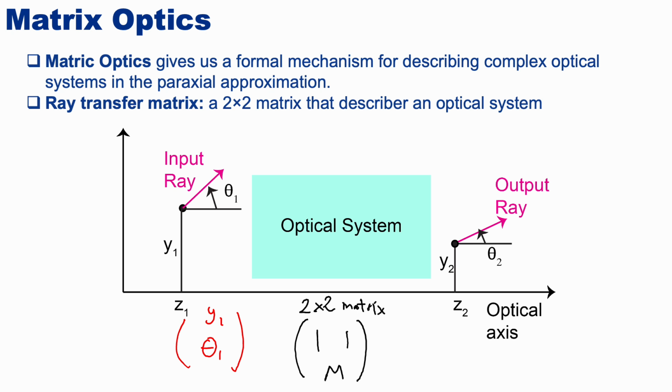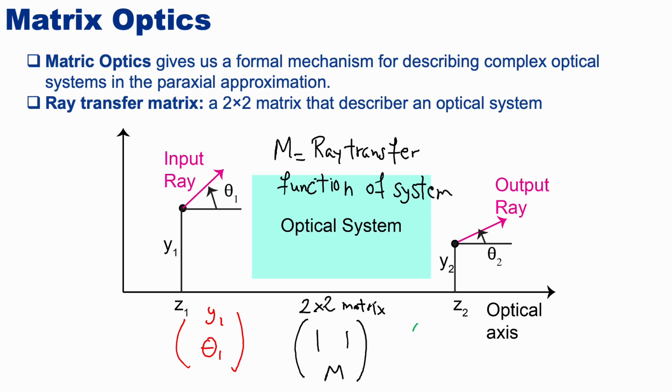We use the capital M, so the M is going to define the ray transfer function of the system. And it's going to give us some output value with the height and its angle. It's going to change based on the transfer matrix.